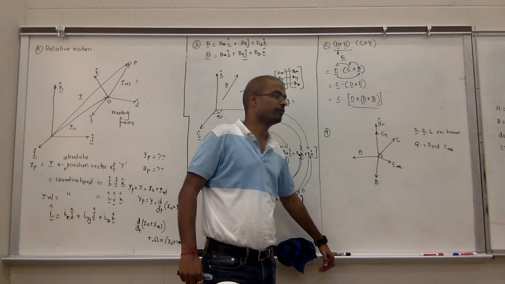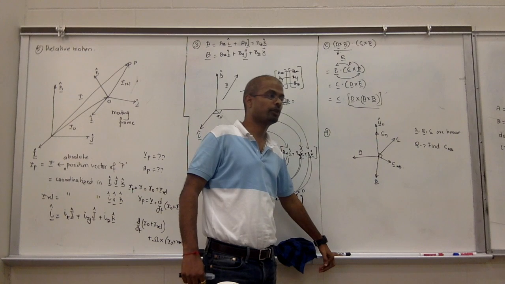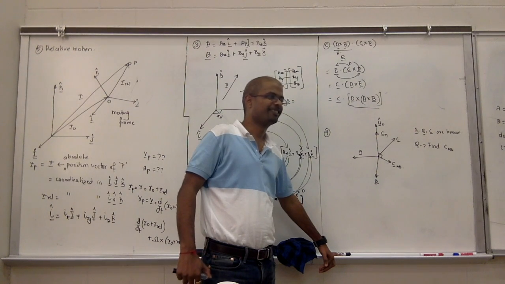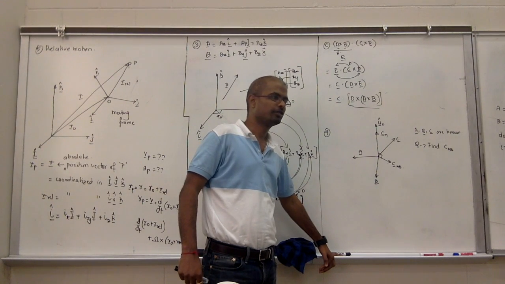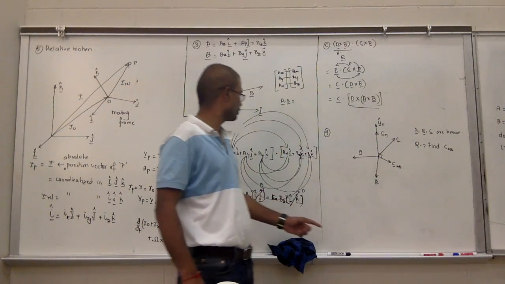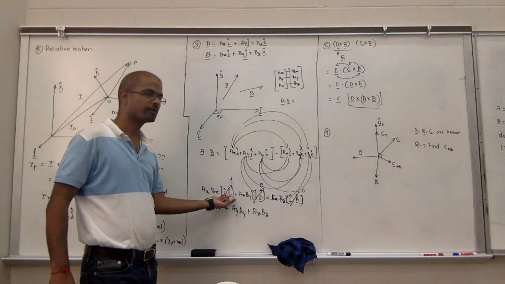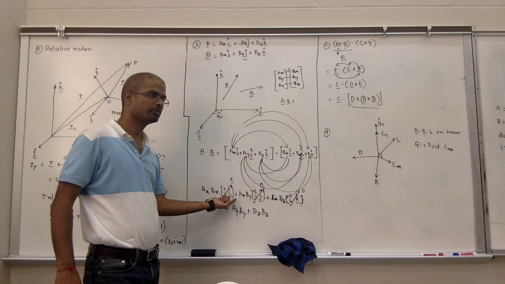Why is that the case? Which triple product? Scalar triple product, vector triple product? Scalar. Why scalar triple product? I don't know why, but I saw it as a rule. So that is what you need to understand. If you just think about this, we actually discussed this, right? So this should give you some idea. The dot product of perpendicular vectors.